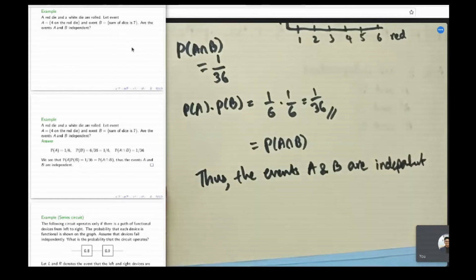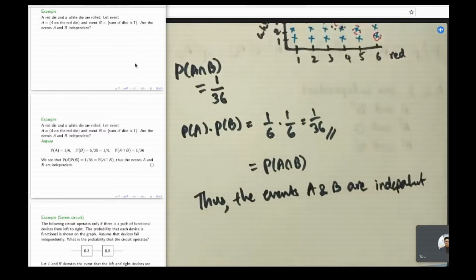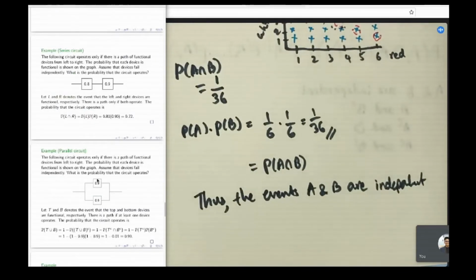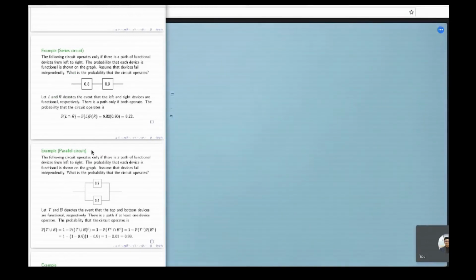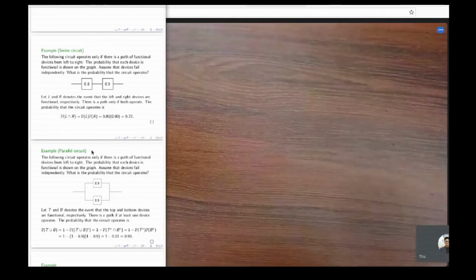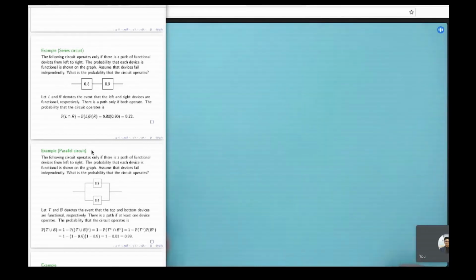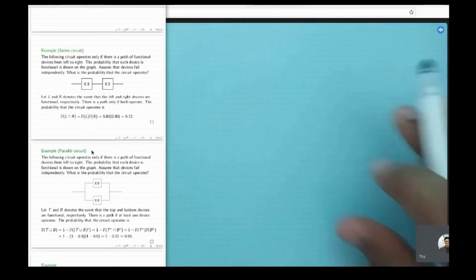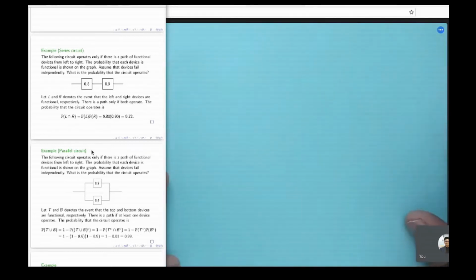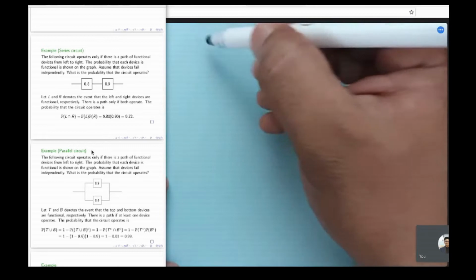Okay, now let's go for another example in the next slide here. The next example says that you have a series circuit. So if you look at a series circuit, it means you have, let's say, two bulbs.